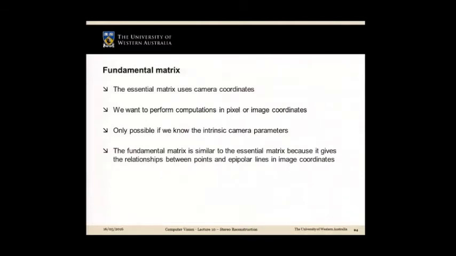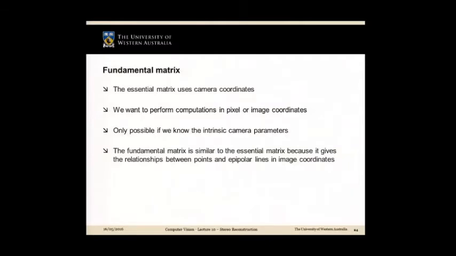Now, the essential matrix uses camera coordinates, extrinsic parameters, right? We want to perform computation in pixel or image coordinates. That's our aim, of course. For image processing, you need information in the image plane. And that is only possible if we know the intrinsic camera parameters, and the fundamental matrix actually helps you achieve this.